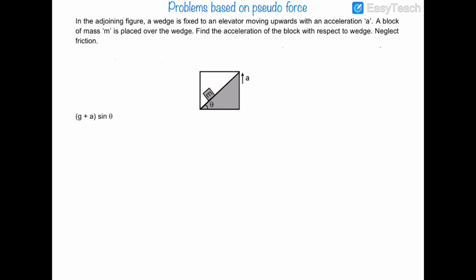Okay, now I am writing all the things with respect to lift or wedge. So I am drawing a free body diagram for that.